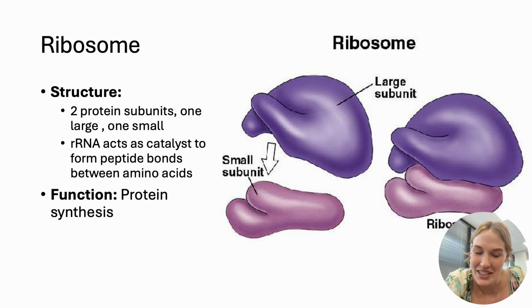But this is one exception where this rRNA, a nucleic acid, is acting like a catalyst. This is very weird. Sometimes we call it a ribozyme instead of an enzyme, but it is a nucleic acid that is acting like an enzyme, which is very bizarre. Now, this rRNA catalyzes the reaction to form peptide bonds between amino acids. So it catalyzes the reaction to form a protein. And so that means that the ribosome is going to be important for protein synthesis.